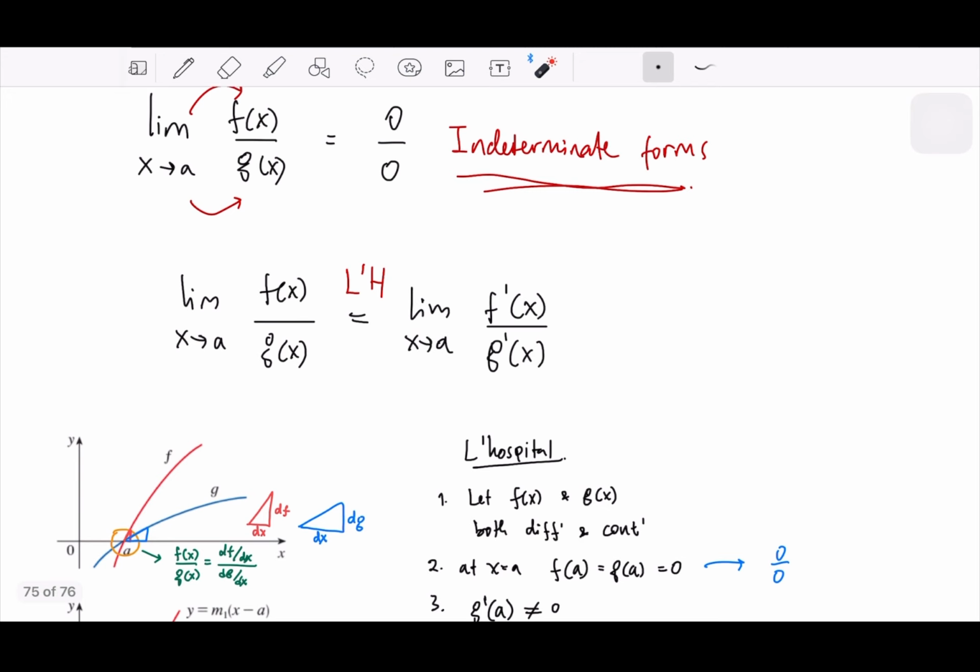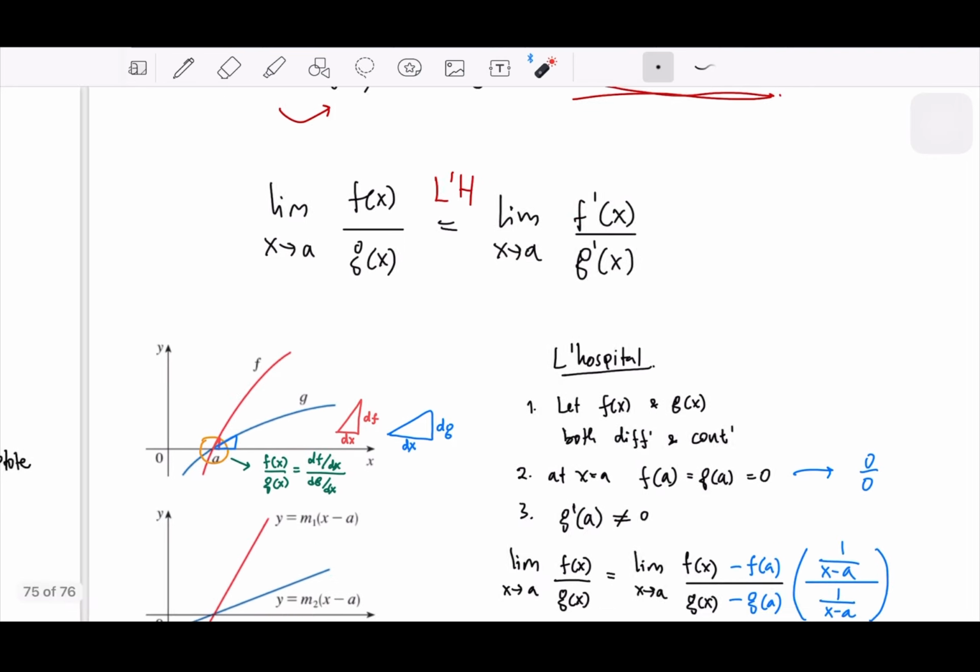To put it simply, we use L'Hopital's rule when we have a 0 over 0 situation, or infinity over infinity, and then we can just differentiate the top and differentiate the bottom. How can we do that and why?